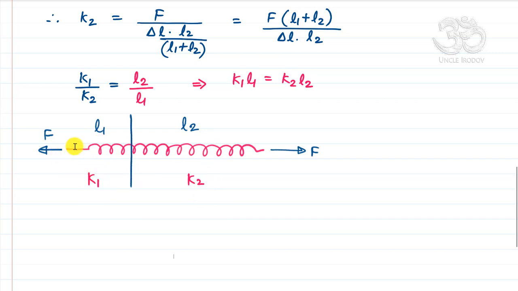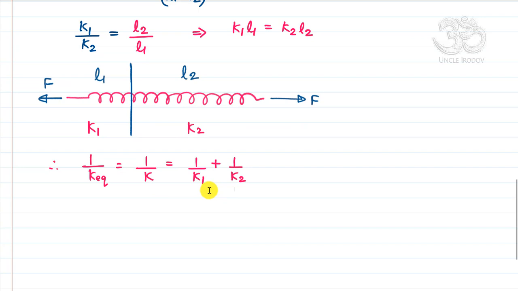The total spring constant of this system should be equal to K, but then these two springs are as if they are attached in series with each other. So therefore 1 by K equivalent, which is 1 by K of original spring, is equal to 1 by K1 plus 1 by K2. So you now know the ratio of K1, K2, and you know the second equation between K1, K2. You have two equations, two variables. You can determine the values of K1, K2, and you will get the answers.